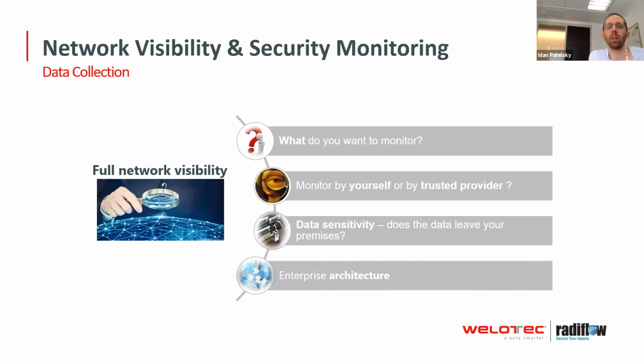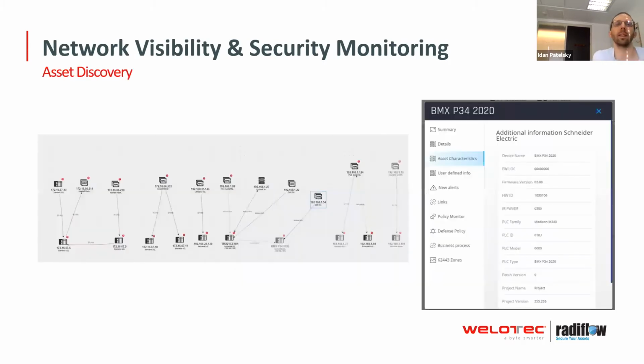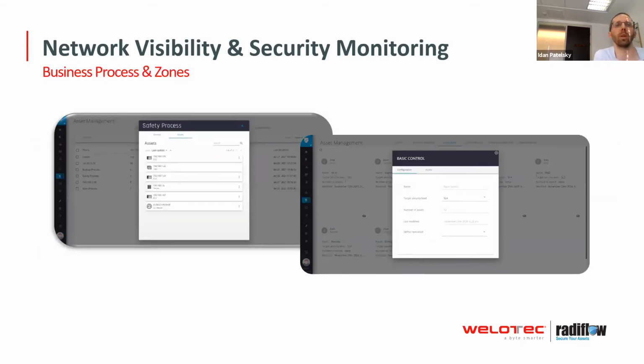So once we answer these questions and we collected the data, we can then discover the assets, as you can see in the map, and we can also discover some deep OT unique data about every asset, as you can see on the right. We grow from there to the business process. We can see which assets are related to every process and to the zones, if you are working according to IEC 62443 standards.